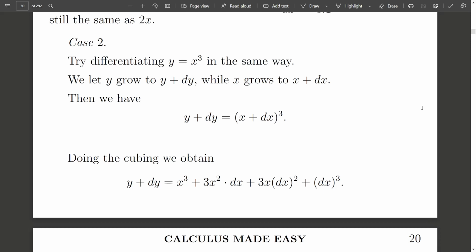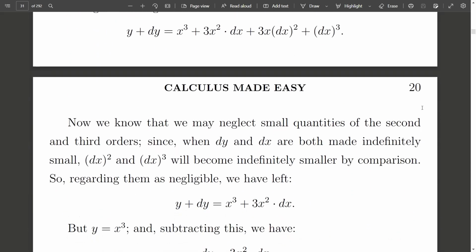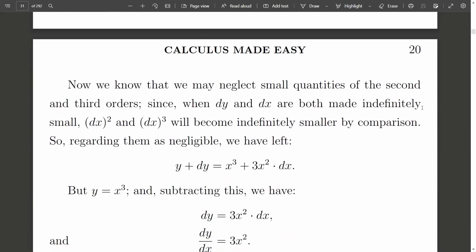Doing the cubing, we obtain y plus dy is equal to x cubed plus 3x squared times dx plus 3x times dx squared plus dx cubed. Now we know that we may neglect small quantities of the second and third orders, since when dy and dx are both made indefinitely small, dx squared and dx cubed will become indefinitely smaller by comparison.